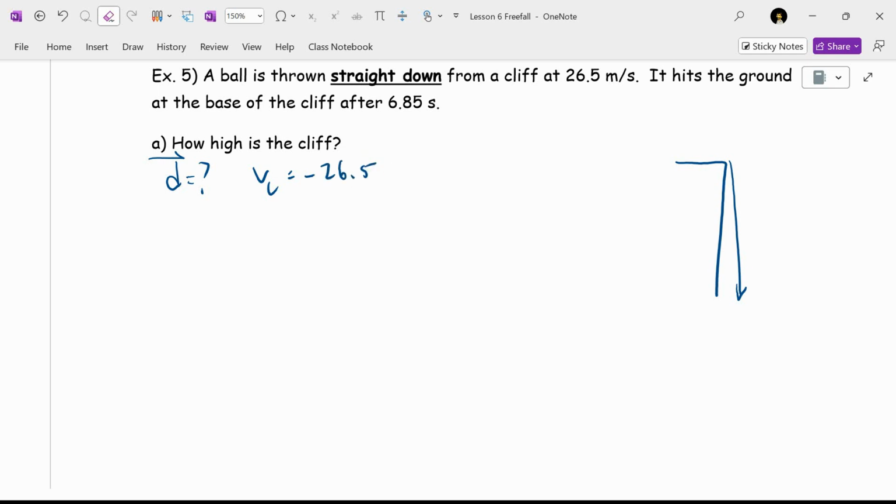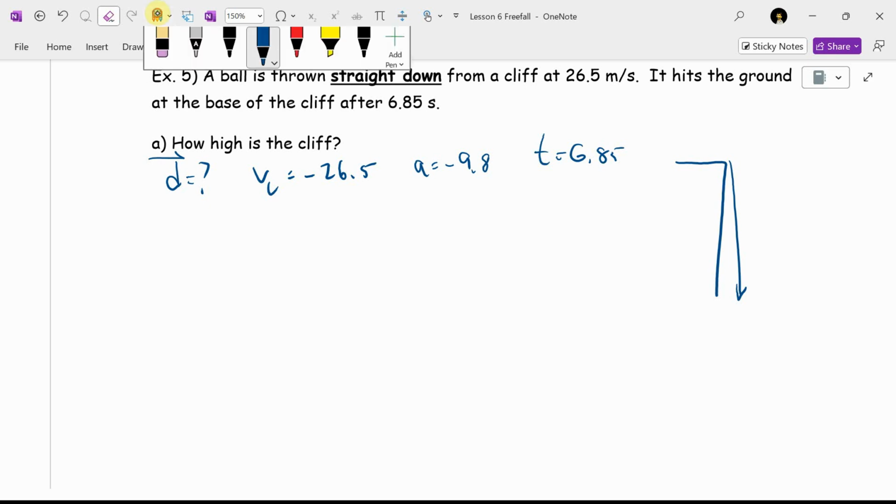Yes? And then we're still in free fall. A is negative 9.8. And then T is 6.85. It's exactly the same as the one you and I did, finding the displacement. It's the same variables, so it's going to be the same equation. Which equation, Canaan?